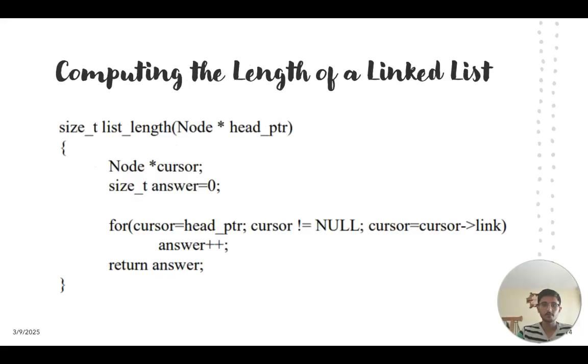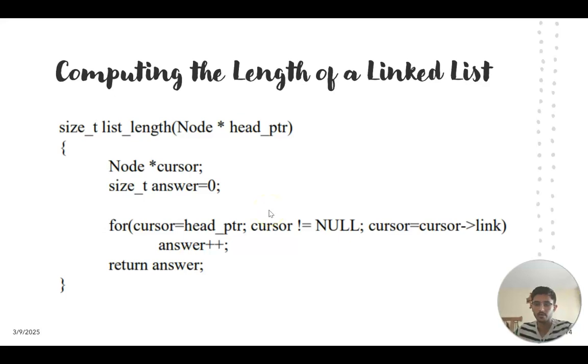This is one of the functions that we could do with a linked list: computing the length of a linked list. As you can see, we're defining this method over here, and we're passing in the node, the head pointer. Then this for loop starts from the head pointer. Like how we said for integer i equals 0 as a counter variable, here we have a node that's going to be our counter.